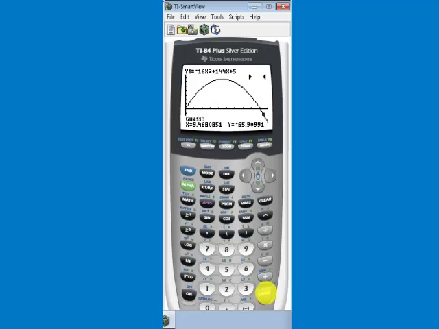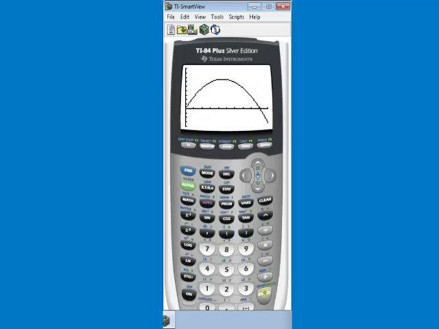And then for a guess, in case there's more than one x-intercept in that interval, I would want to move the cursor closer to the one I wanted to find first. But if there's only one, you could just press enter and use the 9.46 something, your right bound, as a guess. I'm just going to press the left arrow a few times until it's approximately on the x-intercept, and then press enter.